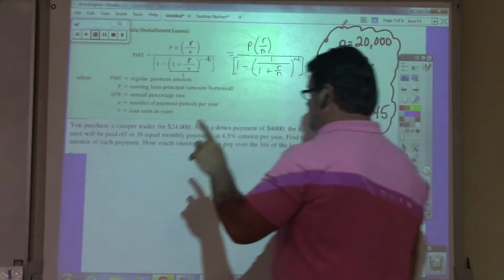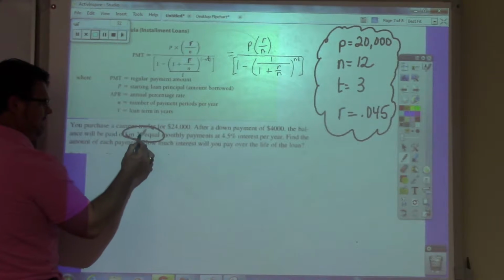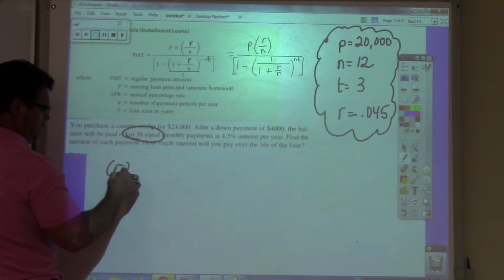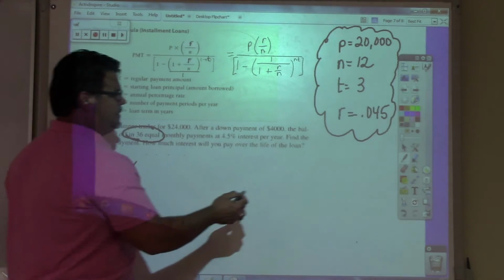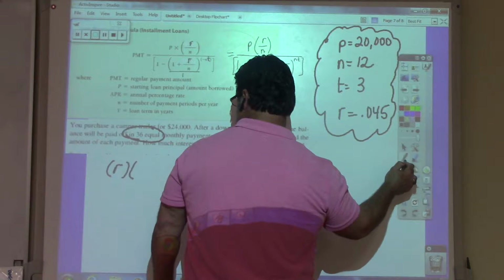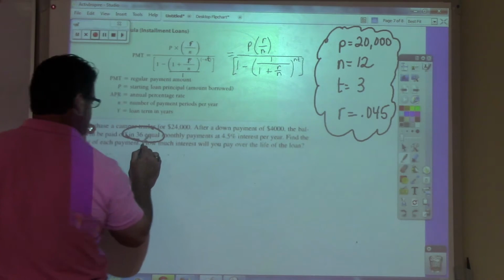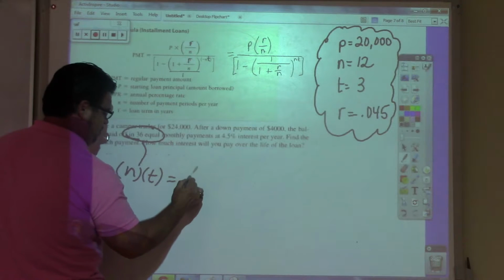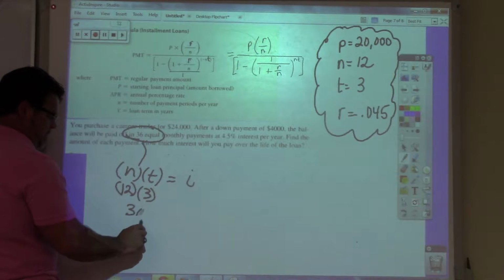The book is calculating using N and T. They're saying N times T is equal to some form of I. I don't know what they're using I for, but N times T is 12 times 3, which is 36.